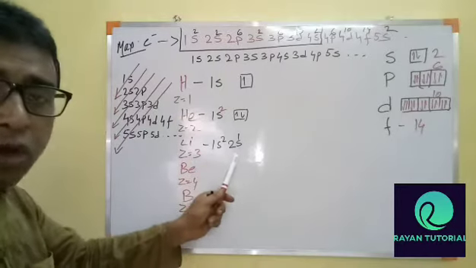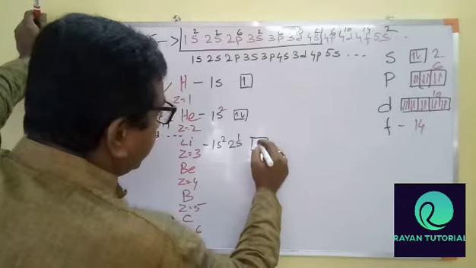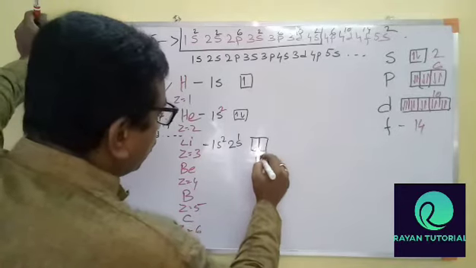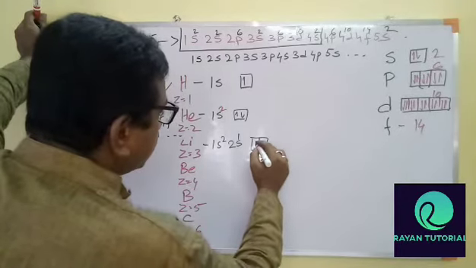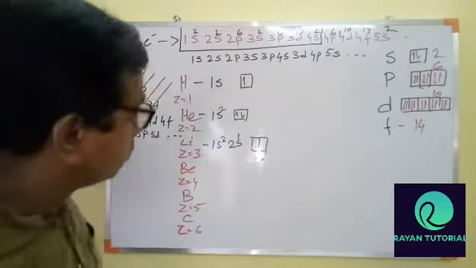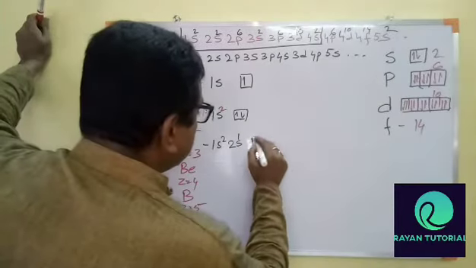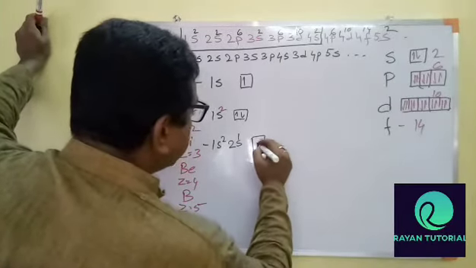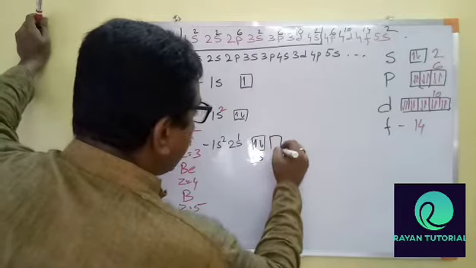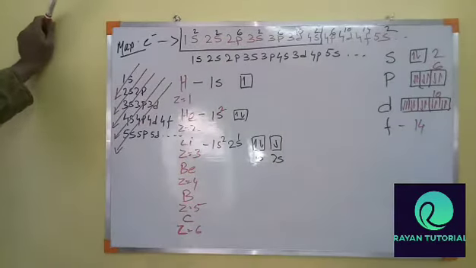So in 1s I put 2 and then 1 in the next shell. So the configuration will be: this is 1s, there are 2 electrons, and this is 2s, there will be only 1 electron.